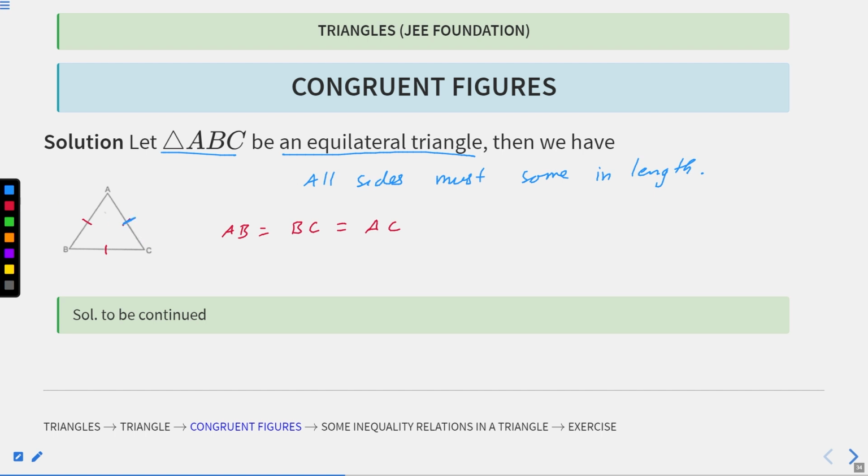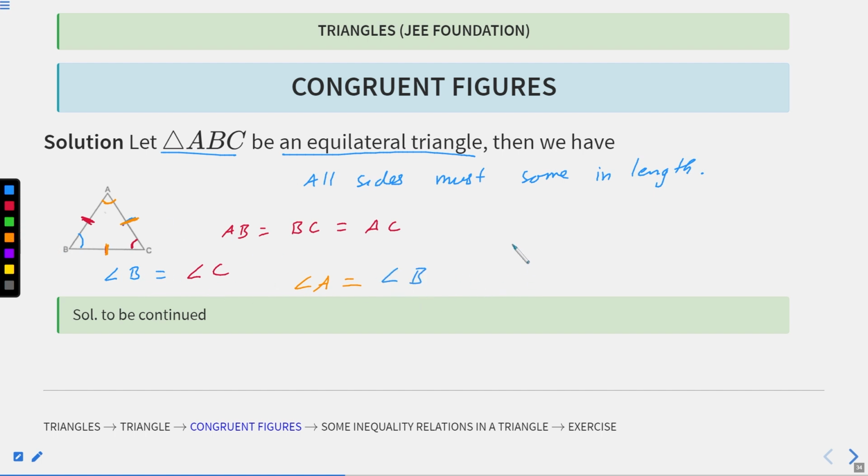For example, the opposite angle to this side is this, and opposite to AB the angle is this, and from the theorem we discussed in the previous class, I can say that angle B is equal to angle C. And if you see these two lengths, then I can easily say that angle A is equal to angle B. I hope this is clear.